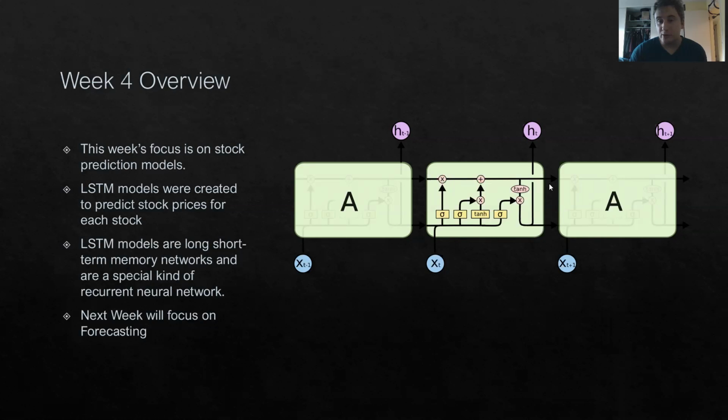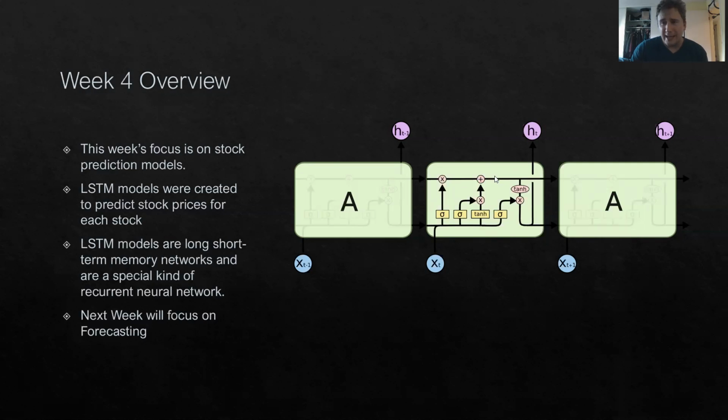This first line represents the key state of the LSTM model, where it passes information through the model. The sections below are different gates that can add, remove, or block data. For the sigmoid functions, if the value is a 1, it allows data to pass through, and if it's a 0, it blocks the data. So that's just a real basic overview of those recurrent neural networks, or long short-term memory neural networks.